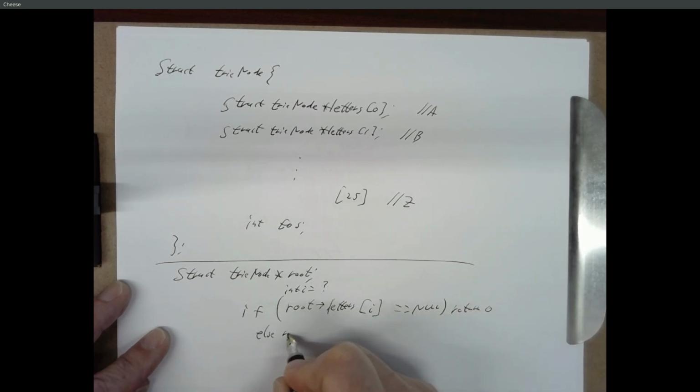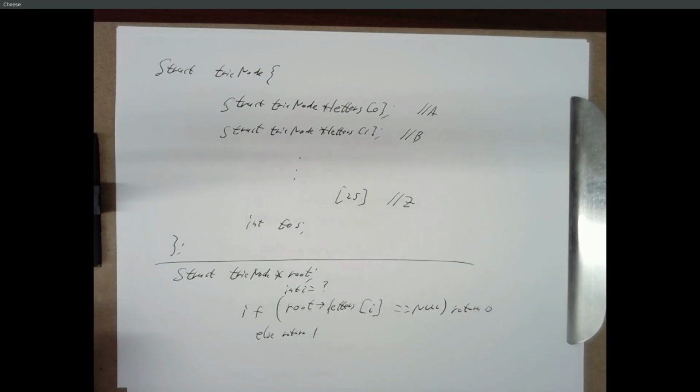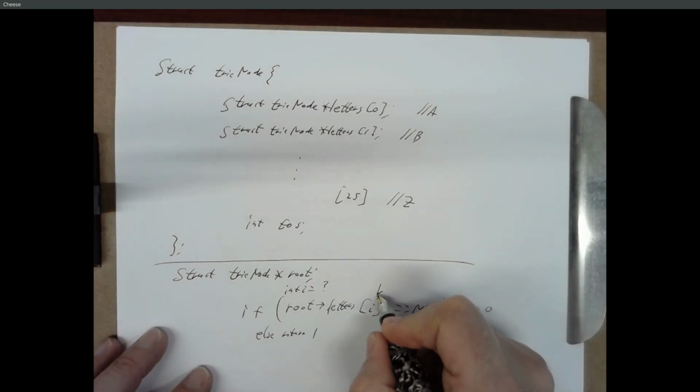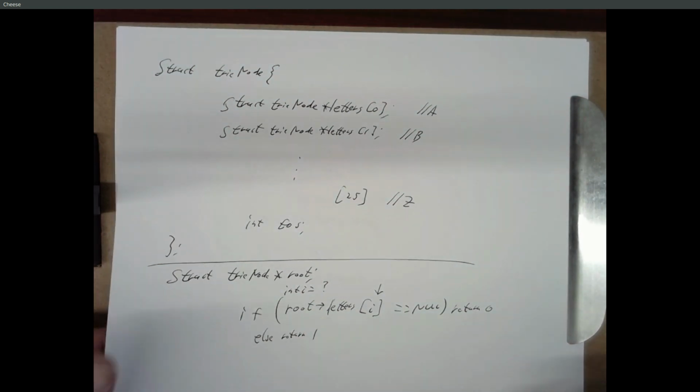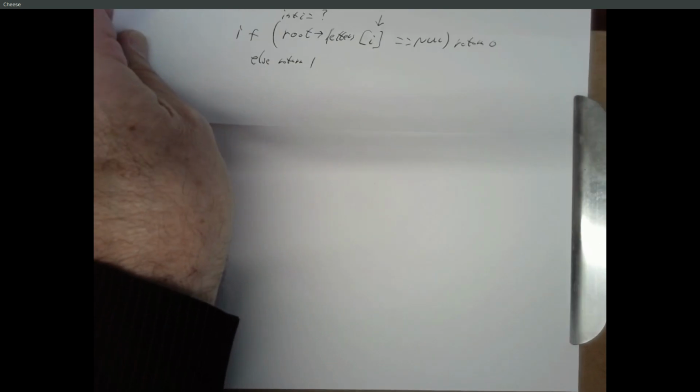Otherwise, return 1. So the whole trick is, what is the value of the index that you want to check? Well, you can hardwire this pretty easily.